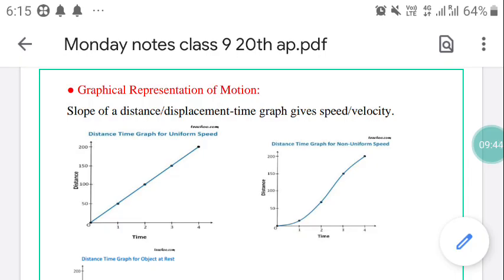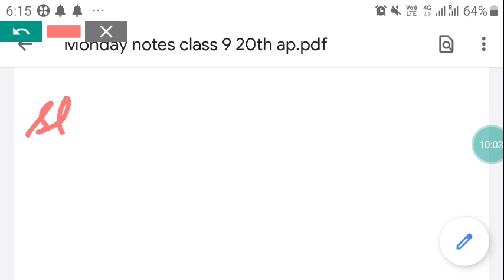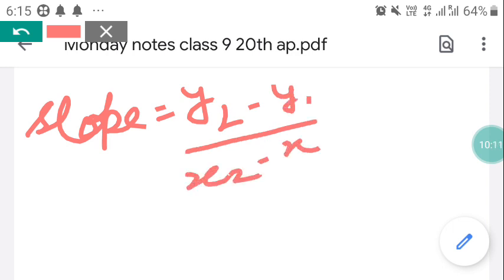Now I will introduce the concept of slope. What is slope? Slope is just the ratio of the y-axis to the x-axis. Simple. See here, slope is y2 minus y1 upon x2 minus x1.